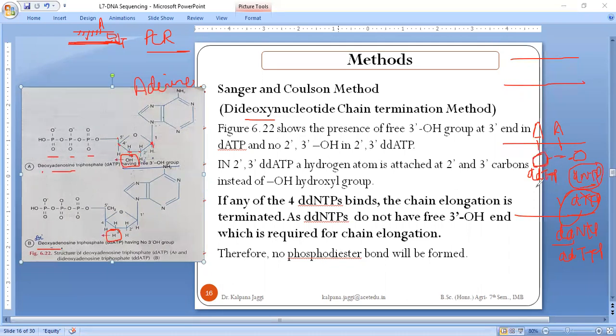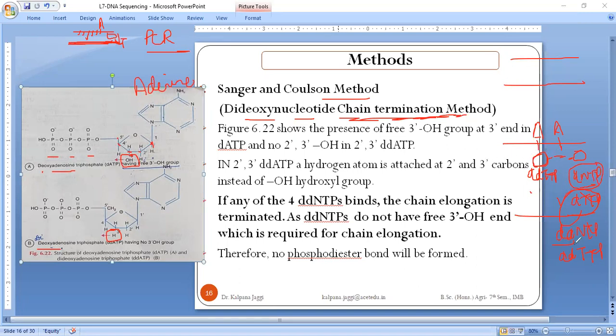And now nothing could attach, because for the elongation of the reaction, what is required? A free hydroxyl end is required, and here there is no free hydroxyl end, so nothing could attach here, and as a result chain termination will take place. So this is the reason the Sanger and Coulson method is called the dideoxynucleotide chain termination reaction, because normally, if dNTPs are getting attached one by one according to the sequence that is present on the template, then there will be the synthesis of the DNA.